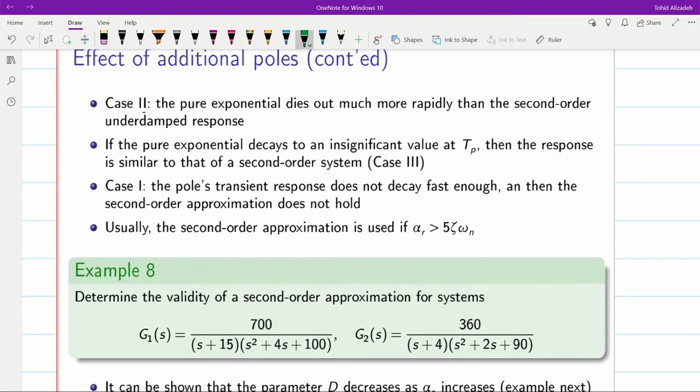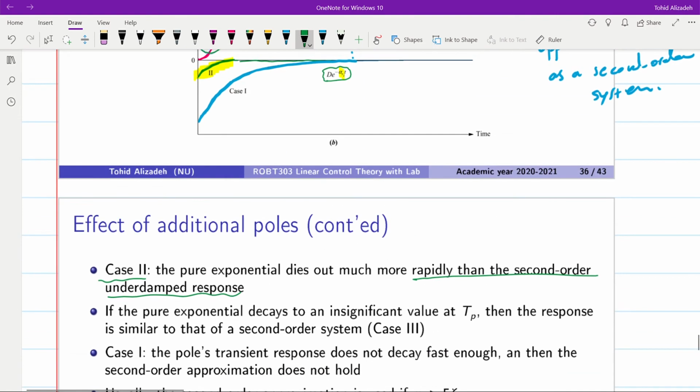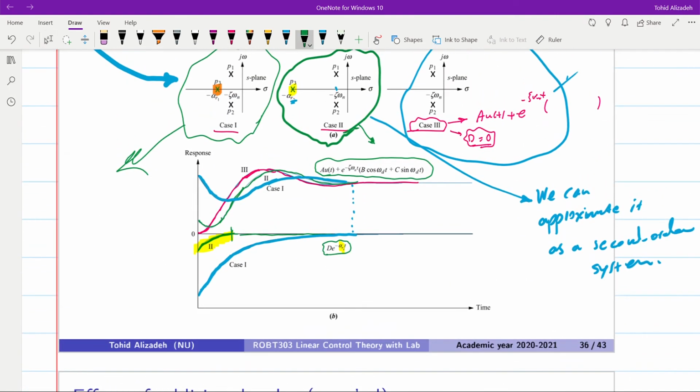Let's go through this slide. In case 2 that we just discussed, the pure exponential dies out much more rapidly than the second order underdamped response. We just saw it. It dies out at this moment, while the oscillations for the second order system die at this moment.